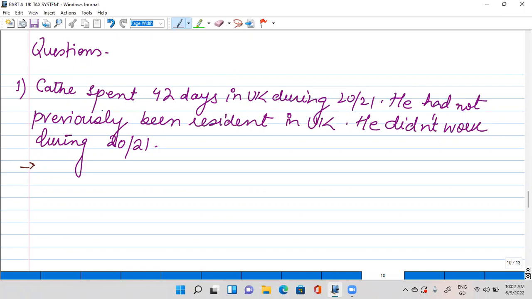Kathy spent 42 days in the UK during 2021. She had not previously been a resident in the UK. She didn't work during the year 2021. So the previous status is non-resident in the UK. And how many days has she spent? 42.